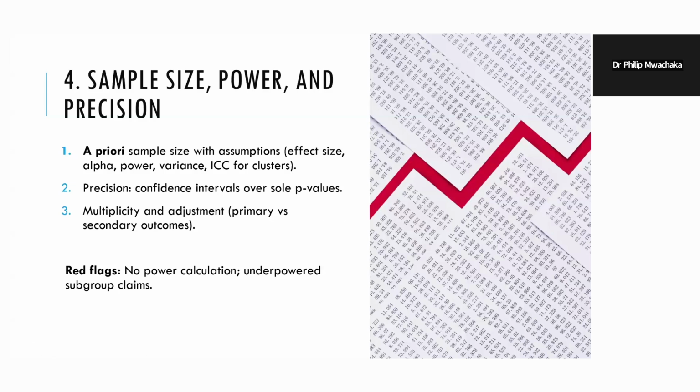And then also the reporting of the outcomes. Anytime you see a study that didn't have a power calculation, especially either an observational study or a trial, that should raise alarm.